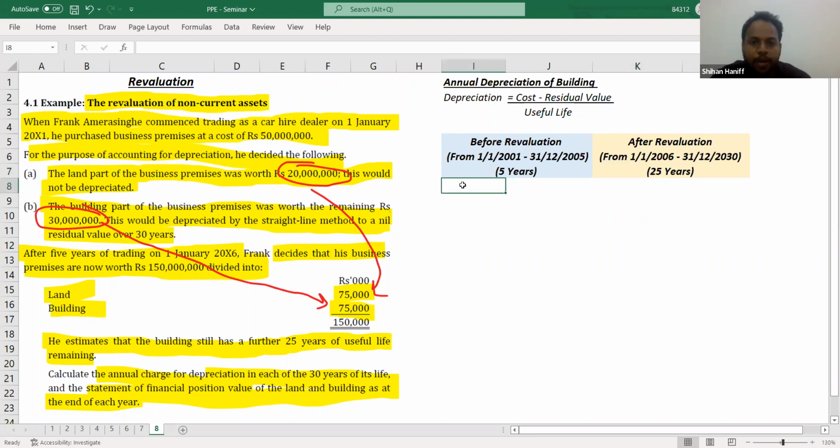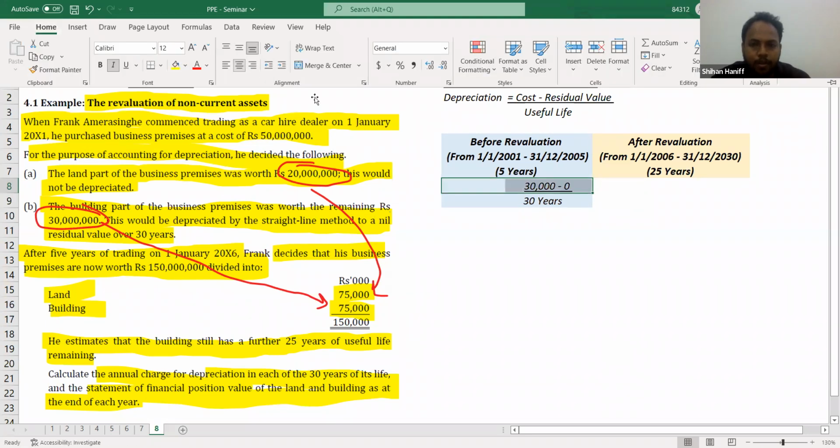Fine. Cost minus residual value, divided by useful lifetime. So cost is 30,000. Residual value is 0. No residual value. Divide by useful lifetime, which is 30 years.